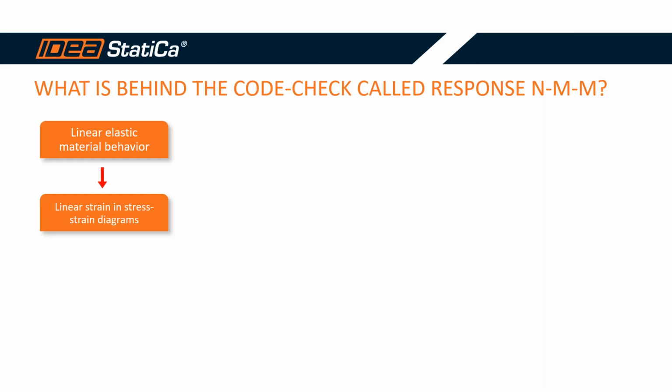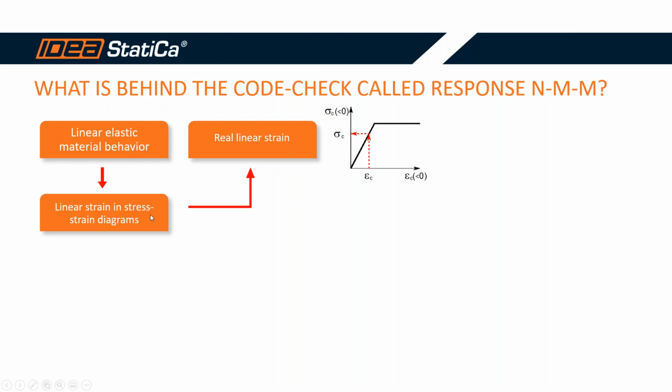So we get the solution, some linear strain, and we go to the stress-strain diagrams of each material and check if the strain is real and where we are in the stress-strain diagram. Let's suppose that we have a strain on the elastic branch, so we can easily look up the corresponding stress.